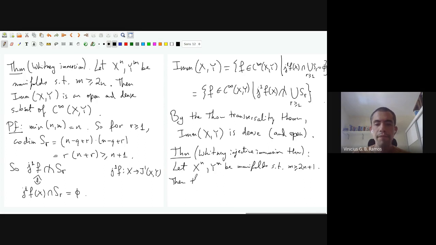Then the set of injective immersions is open and dense. Sorry, not open and dense, it is residual. I don't know if it's open. No, I do know.